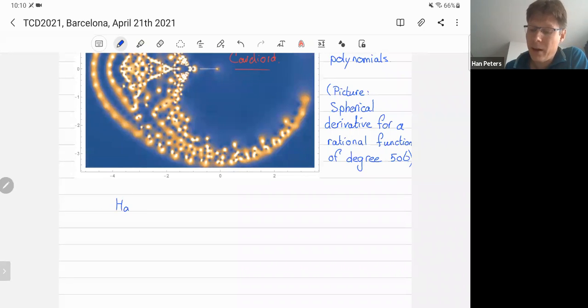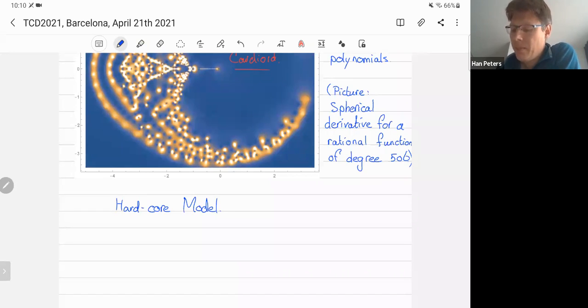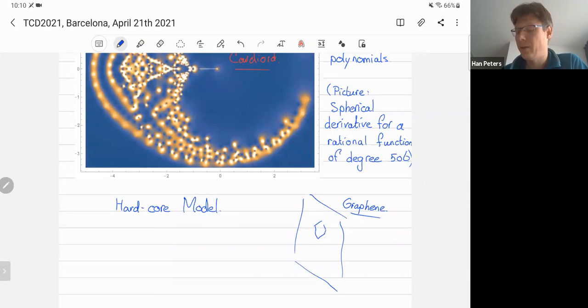So in physics, this comes from the hardcore model. And imagine that you have here a layer of graphene, which is a two-dimensional grid made of carbon, like this, hexagonal. And suppose that next to this graphene slab, we have a helium gas.